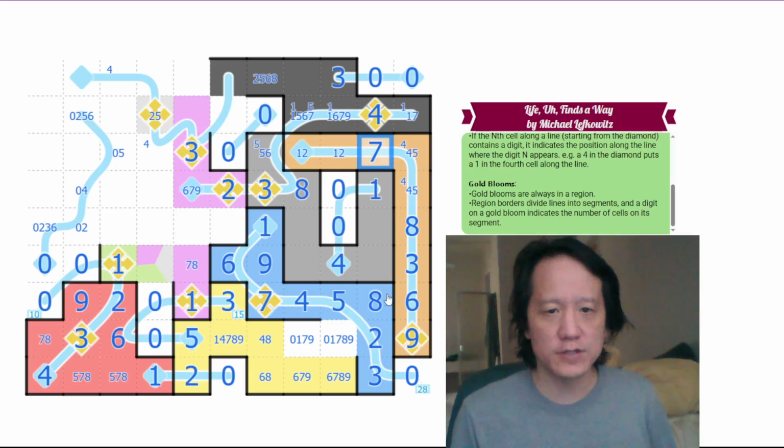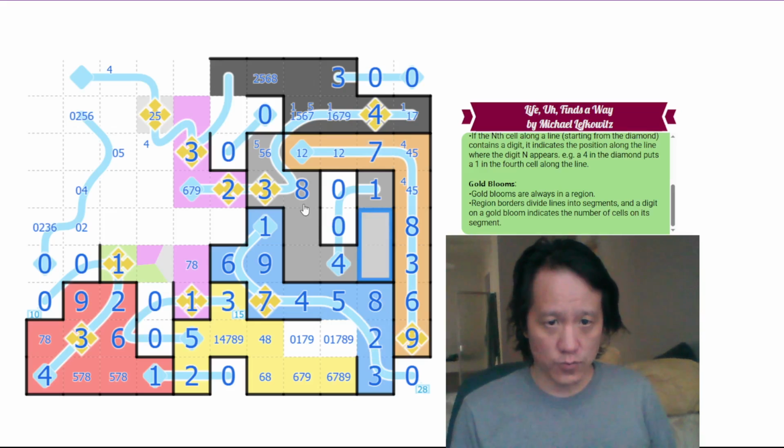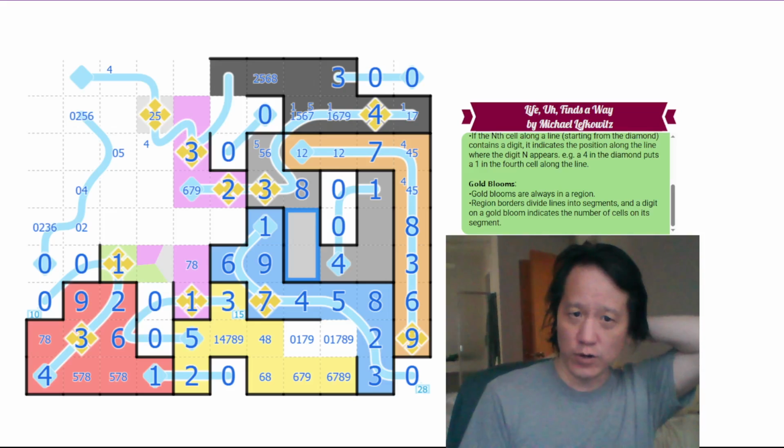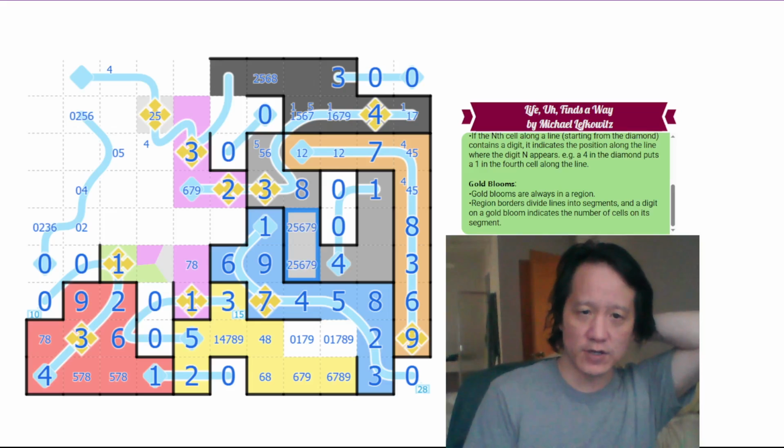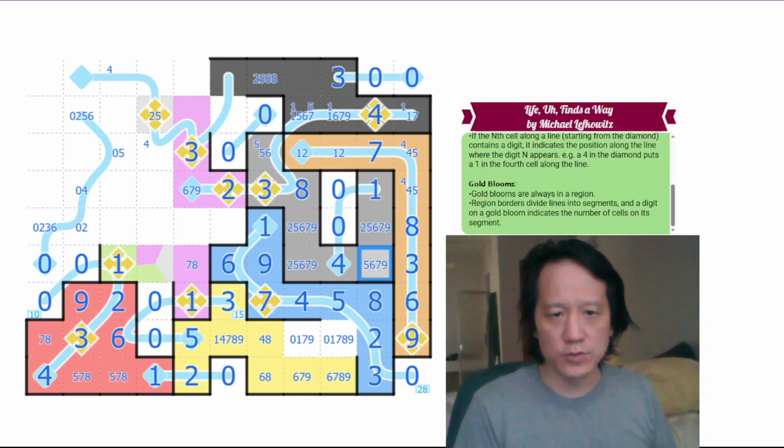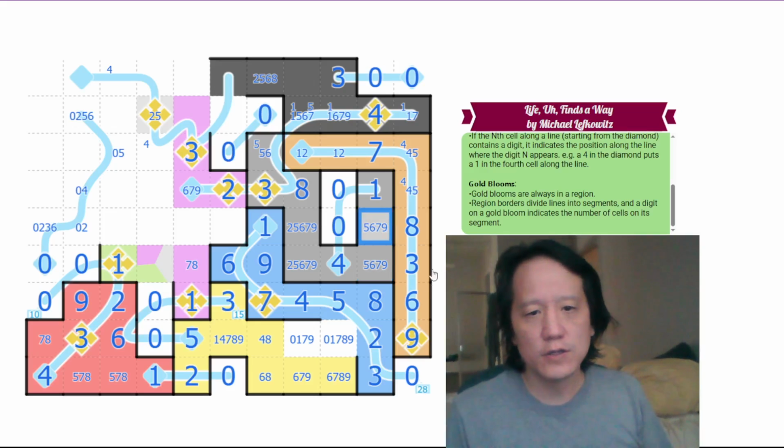That's fine. 7's here. Remaining digits in the gray region, we already have 1, 3, 4, 8, so 2, 5, 6, 7, 9. This cannot be 2 here. These can't be 6 or 9.